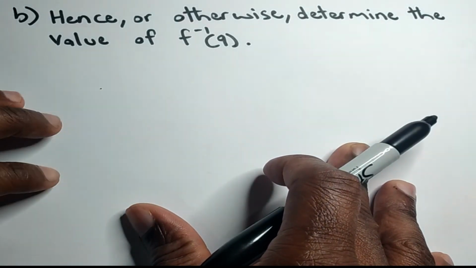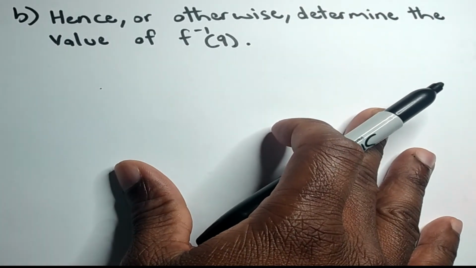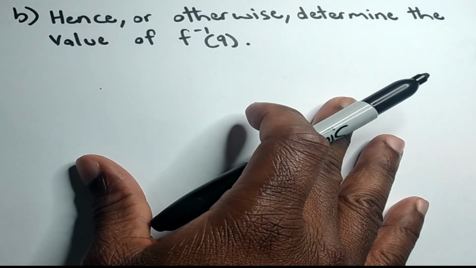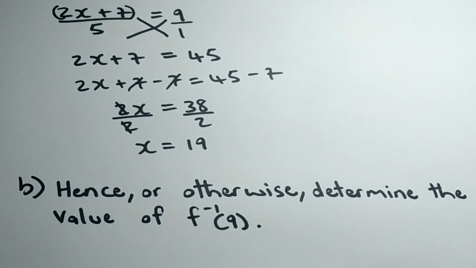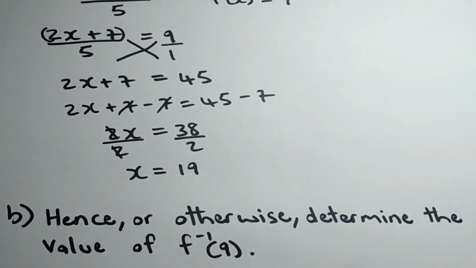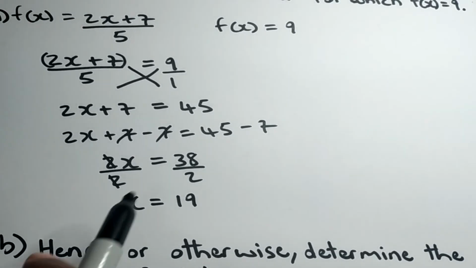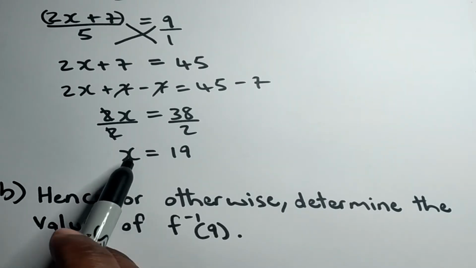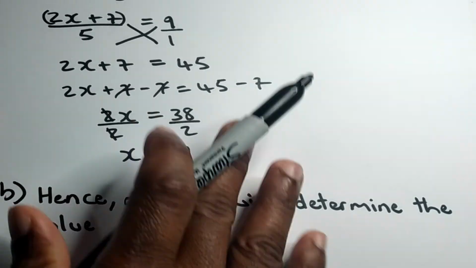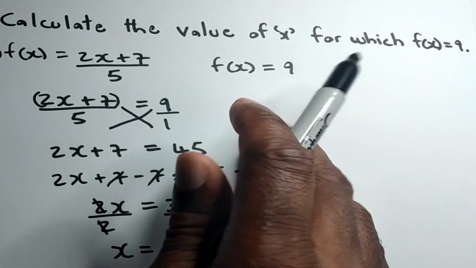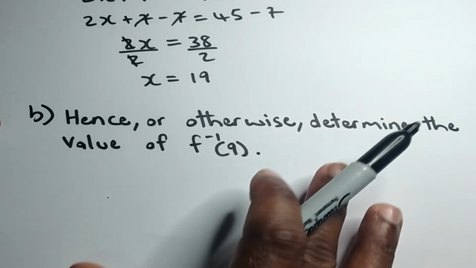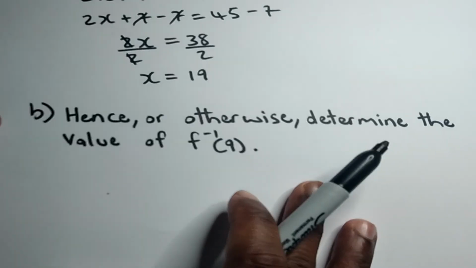So once I outline "hence", that pretty much means that there is a possibility that we could use what we would have obtained up here to actually deduce the value of f inverse of 9. All right. Now remember, if we actually sub x equal 19 into the f of x function, we'll obtain f of x to be equal to 9. All right. And remember, the inverse of a function does the opposite of the function.